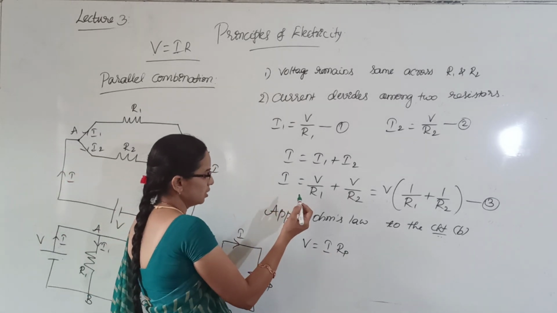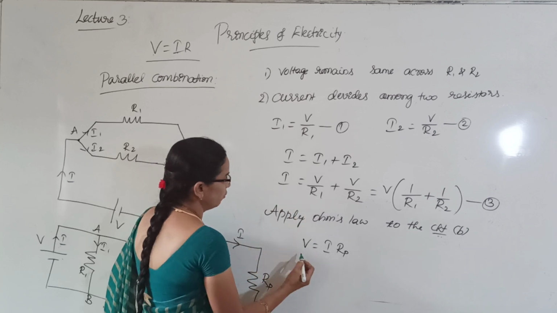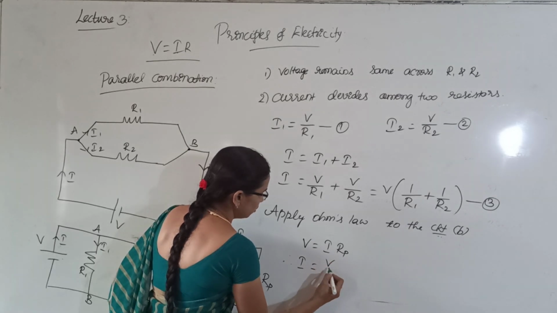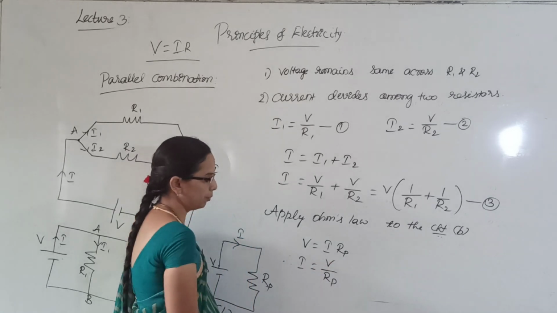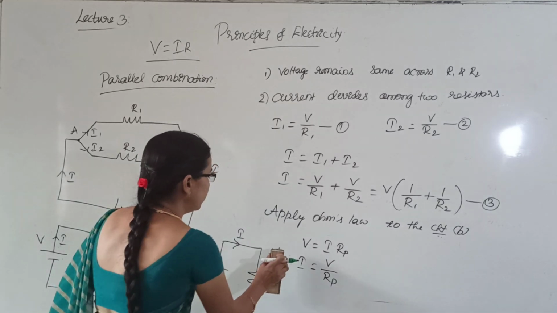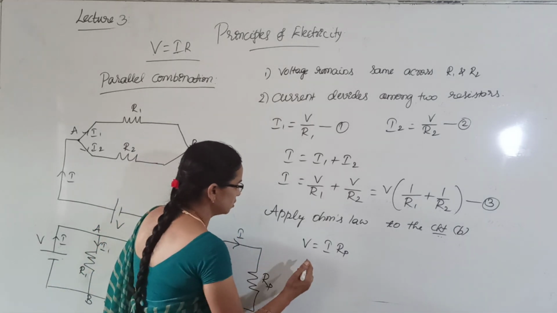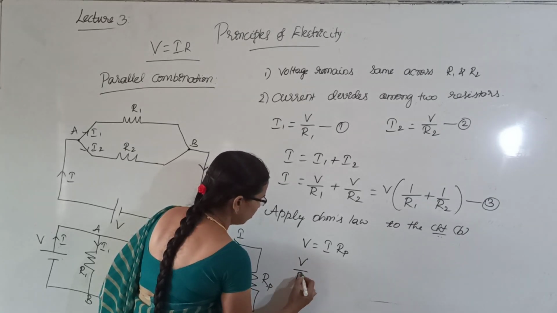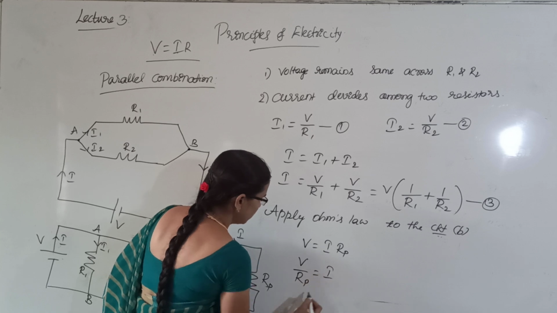So if I take V by I, therefore I is equal to V by Rp. You can also write it like this, it will be easier: V by Rp is equal to I.